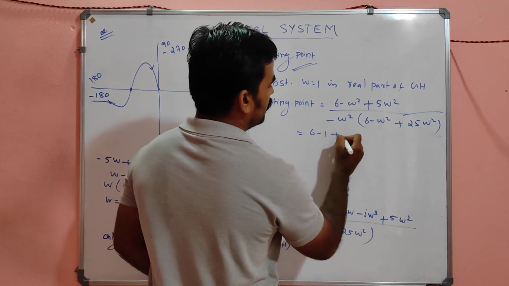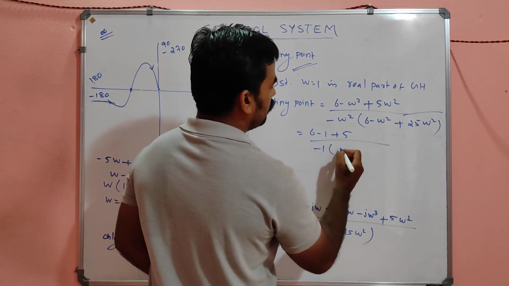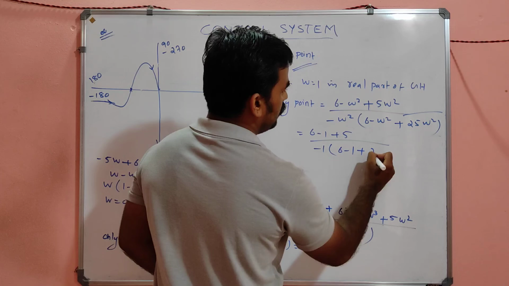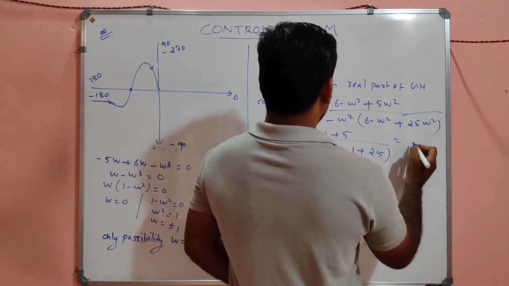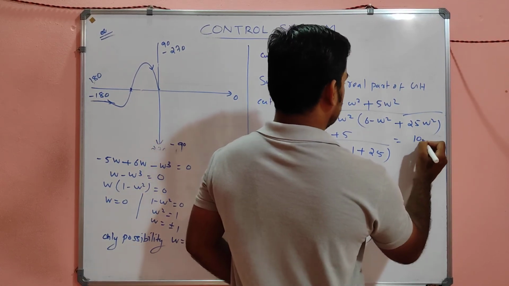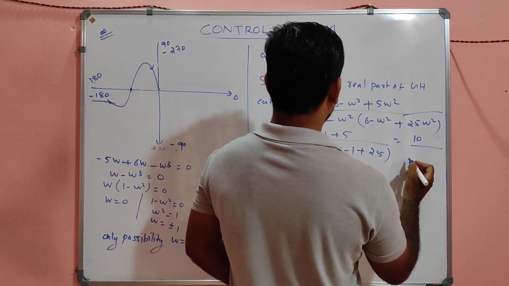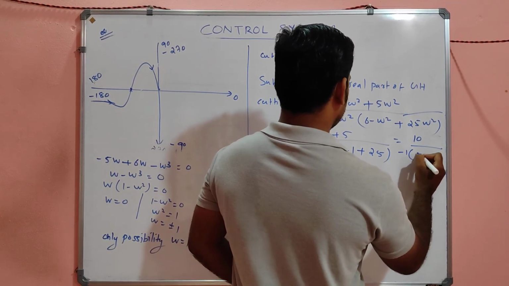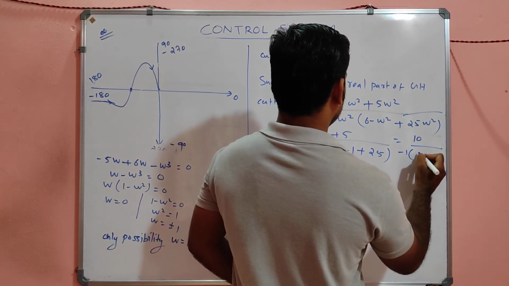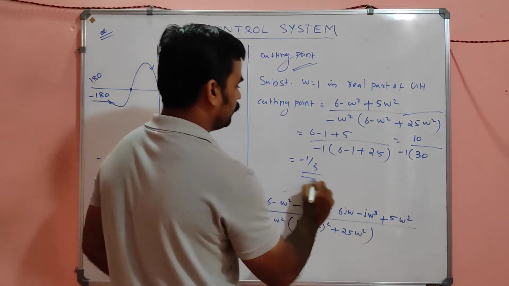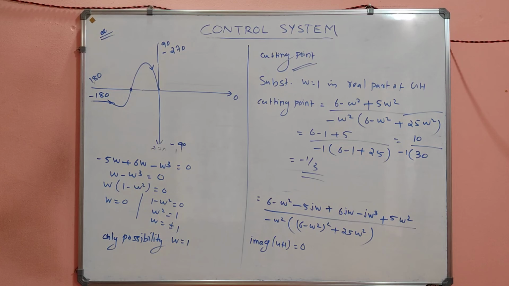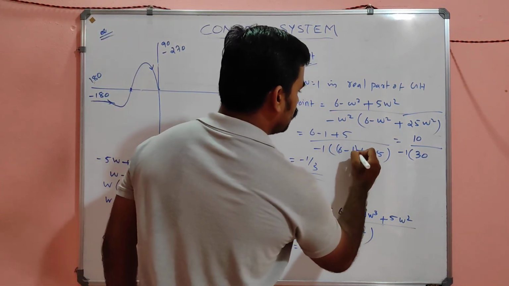So it will become (6 minus 1 plus 5) whole divided by minus 1 into (6 minus 1) whole square plus 25. So it will become 10 divided by minus 1 into 25 plus 25. Sorry, the square is there.